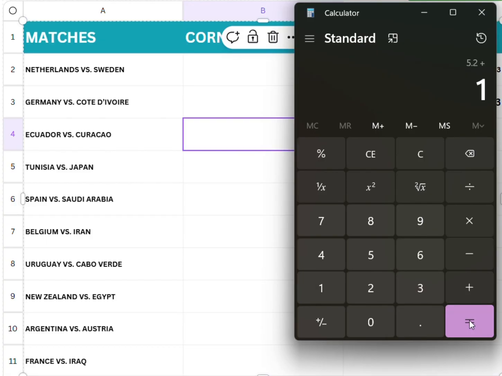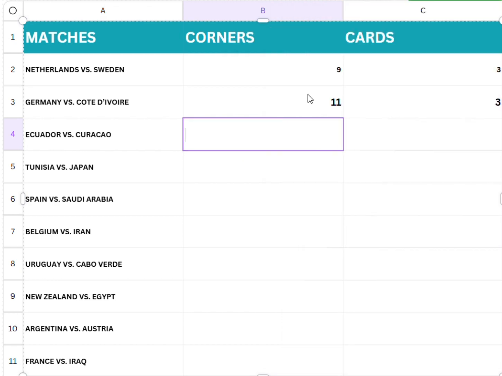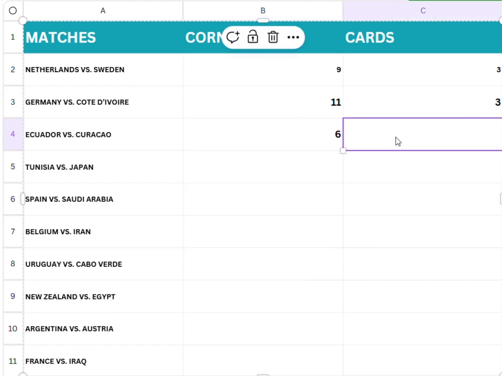They played 1 corner in their match against, was it Germany? Yeah. So we're expecting about 6 corners here. At least 6 corners. While cards, the average cards for Ecuador is 3.